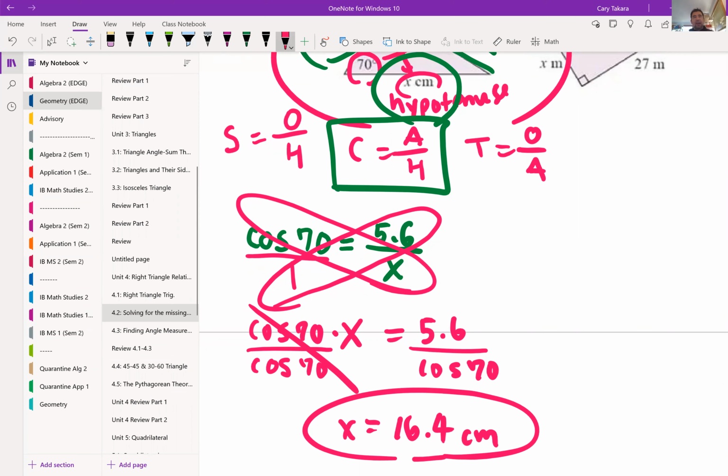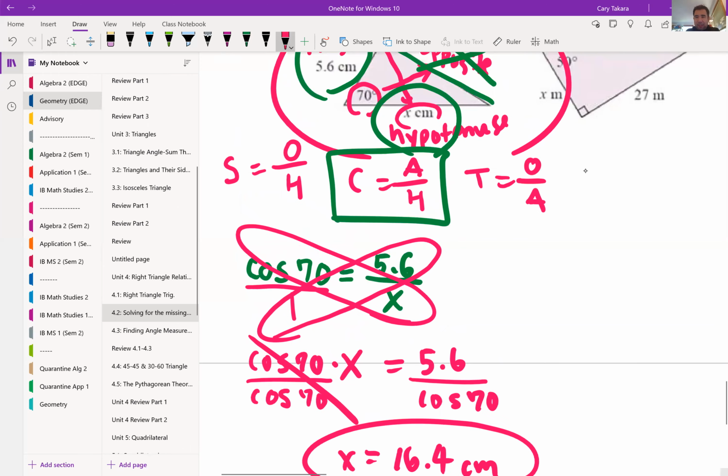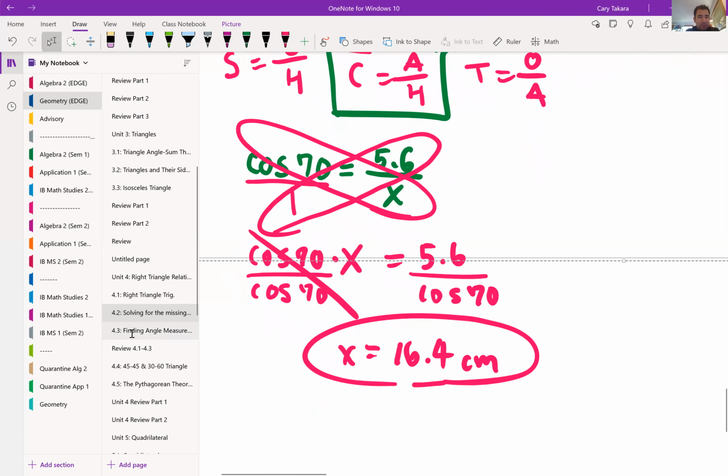Okay, this is what we've been doing so far. We've worked on that for the last two days, Tuesday and Wednesday. Now let's move on. Actually, let's not do the other one, but let's move on to today's. Were you guys able to do that?